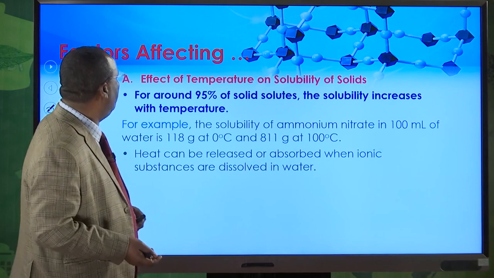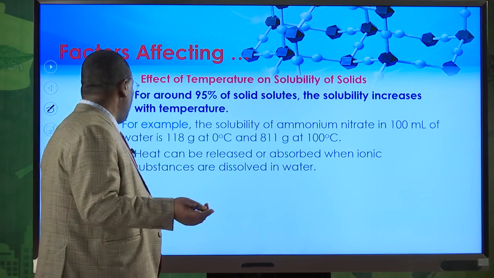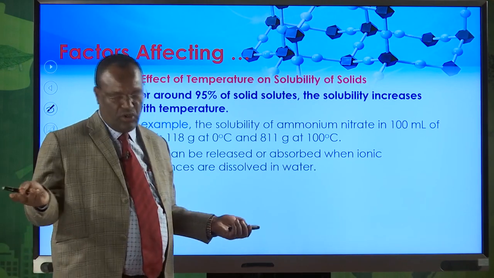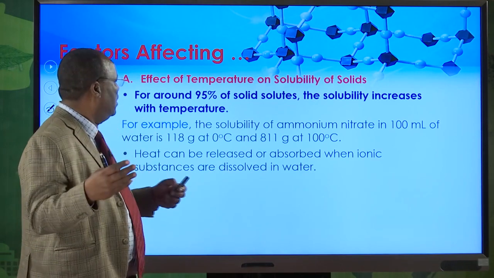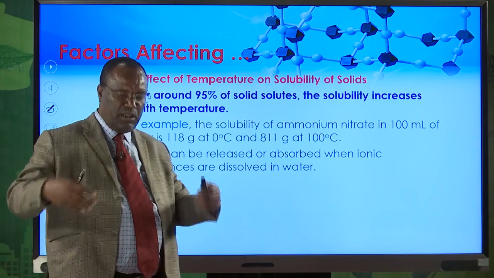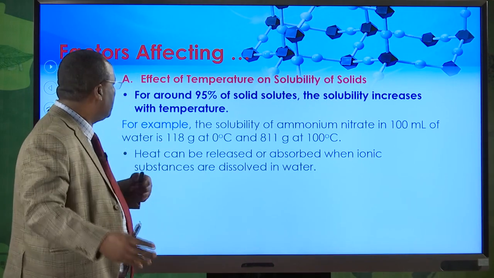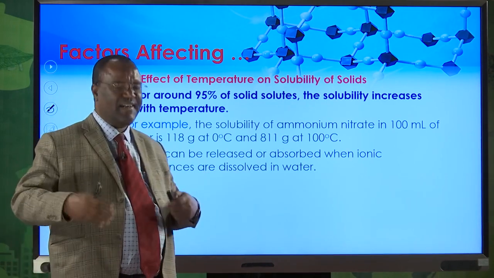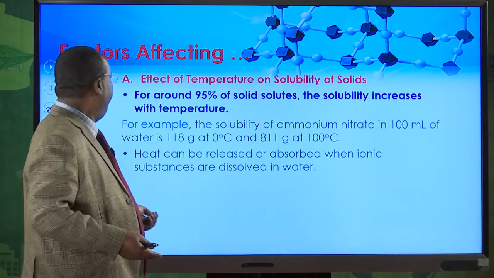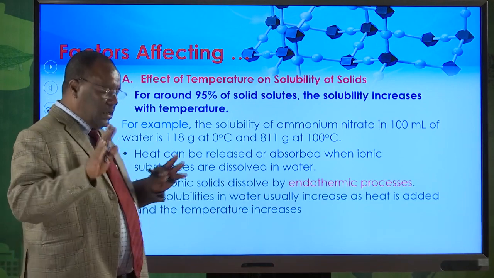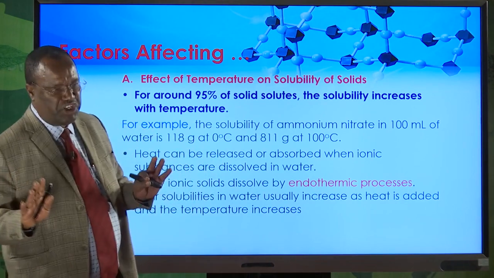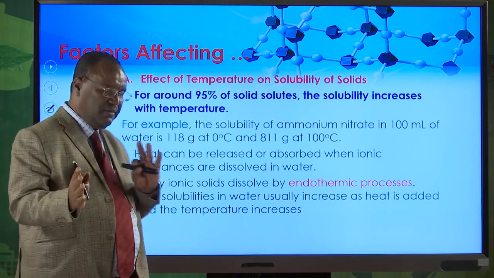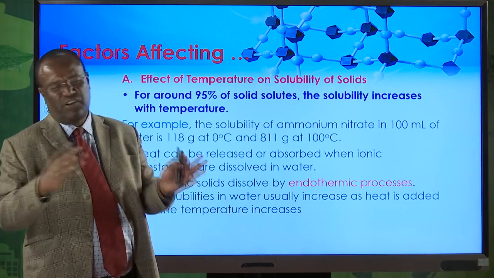Heat can be released or absorbed when ionic substances are dissolved in water. Not all, but for almost 95% of solids, the rate of solubility and the solubility of the substance will increase with increasing temperature. You know that when a solution is formed, there is a change in heat, which might be endothermic or exothermic.